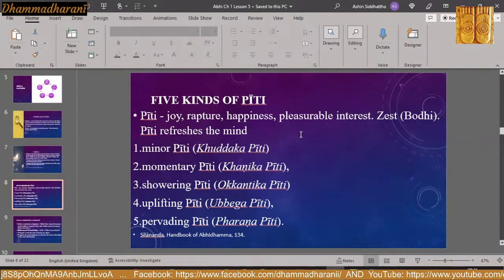It arises again and again, grows to some level, again reduces, then increases to some level, again reduces. It happens again and again. That's the nature of Okkantika piti. The number 4, uplifting piti. In Pali, we call Ubbega piti. That type of joy is able to uplift your body.